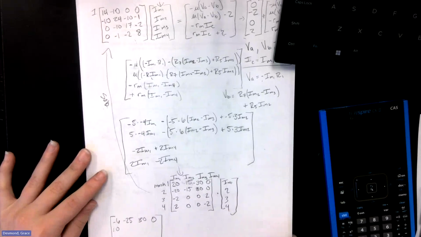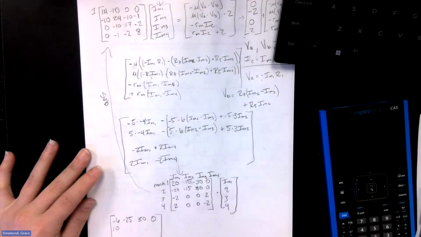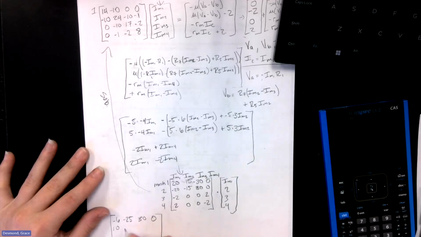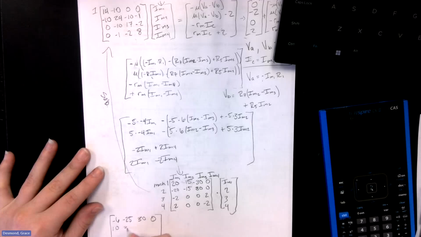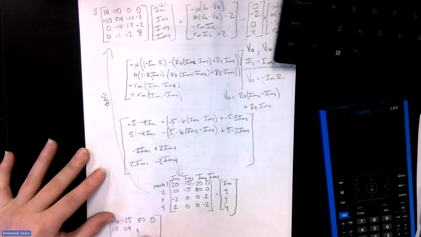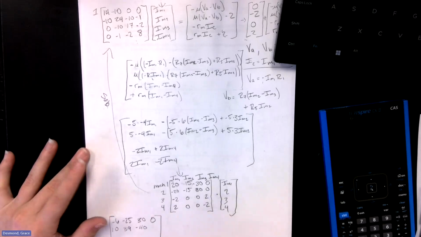Come on in. So now we have 24 minus negative 15. 39. Yeah. Then negative 10 minus 30. 40, negative 1 minus 0.